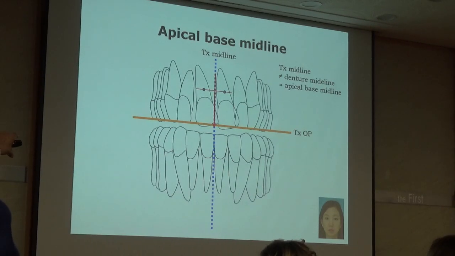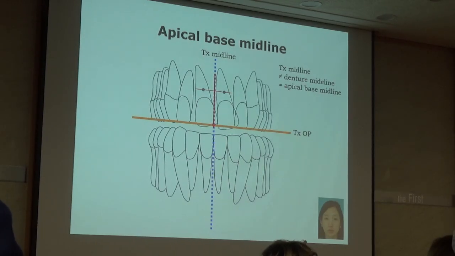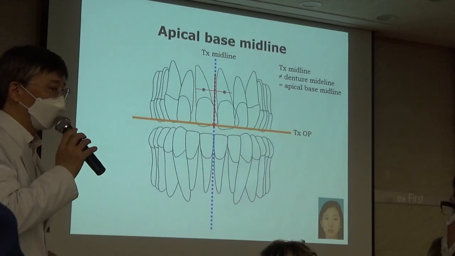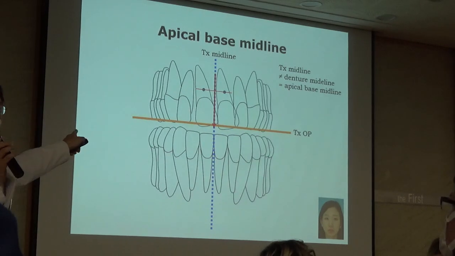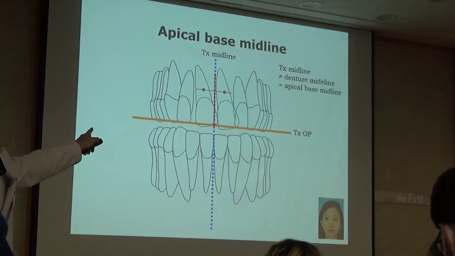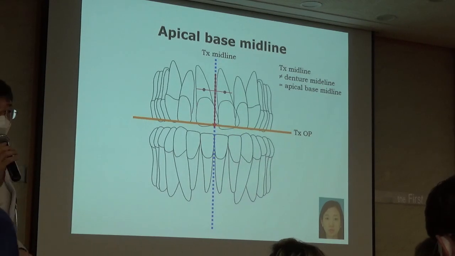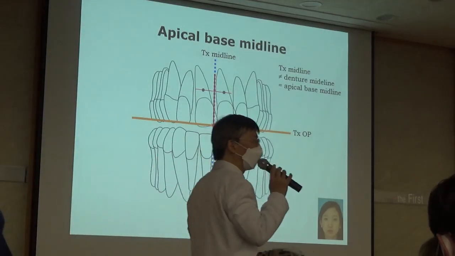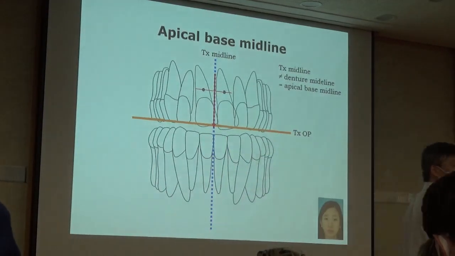Is it deviated or not? If you say no, you are very well advanced. What do you think? Midline deviation, yes or no? Yes, but no. It is yes, but no.